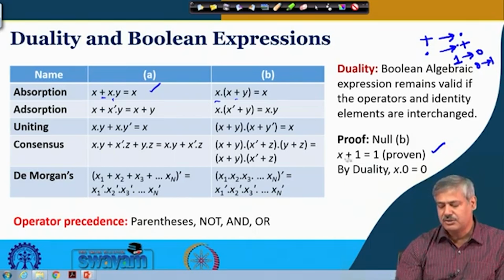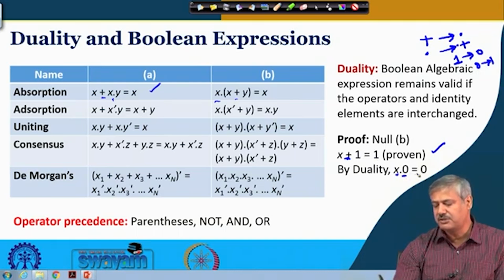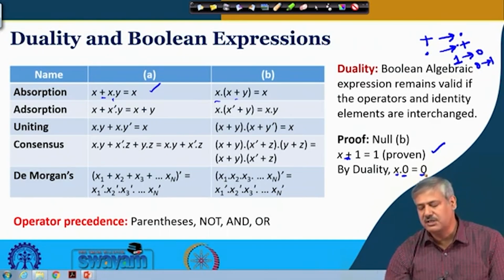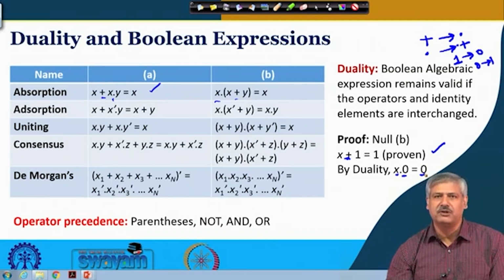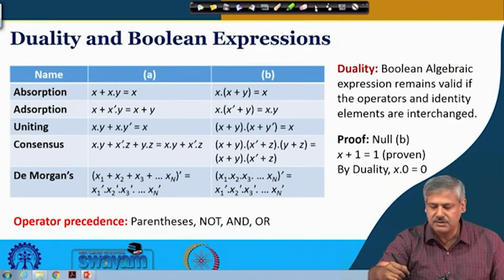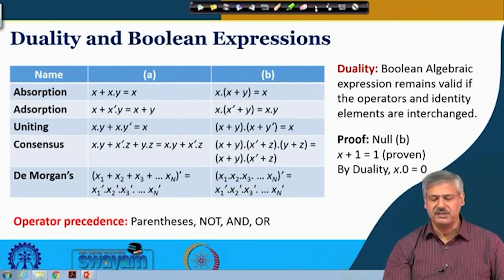Now if you apply duality, this OR changes to AND, and the identity element 1 changes to 0. You get another relationship, that is, x AND 0 results in 0. So this was also there in column B for the null. This is also a very useful theorem which can be used for simplification and other cases.